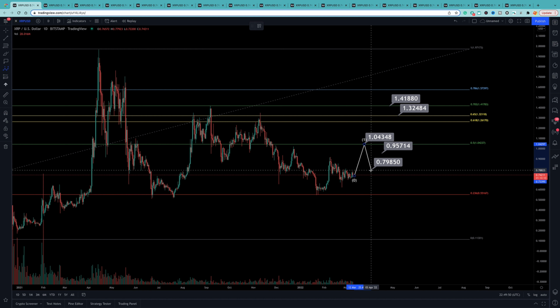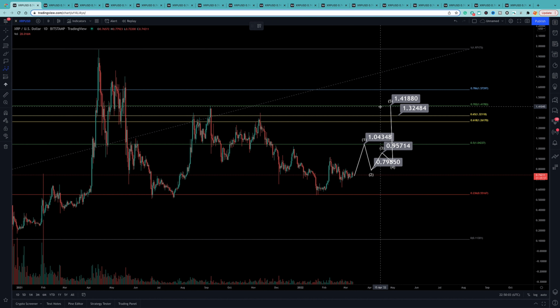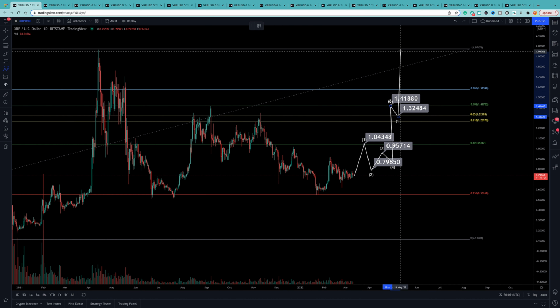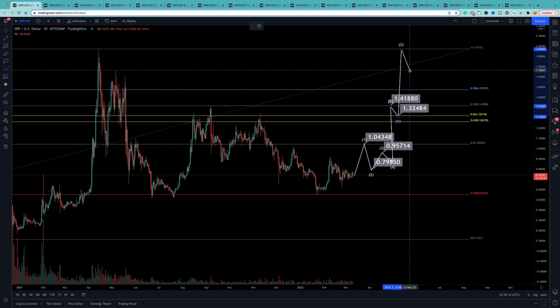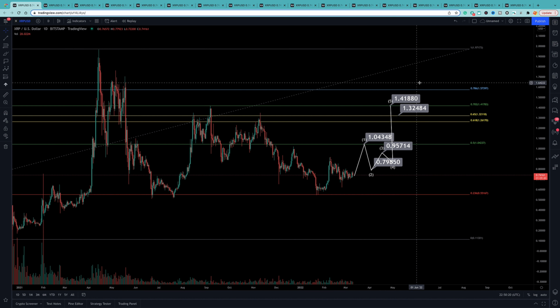So from here to there, to here to there, to there, to here, and then we'll get to back up to $1.97, and I think we're going to get probably a strong rejection.